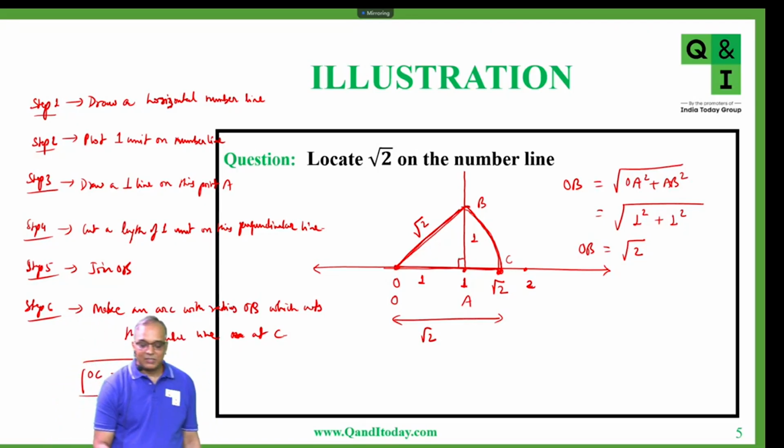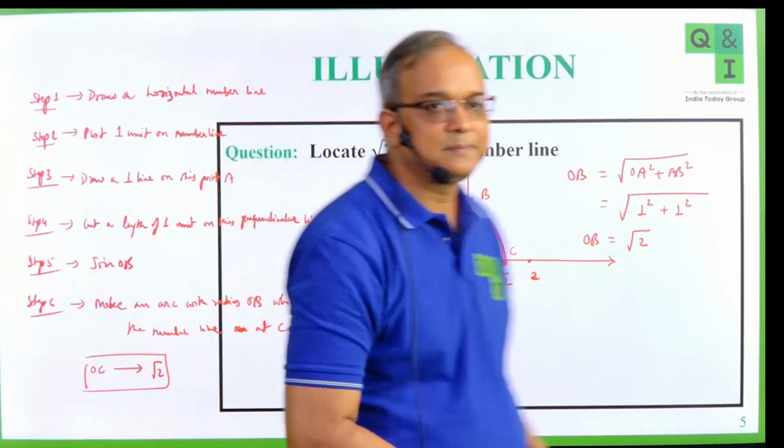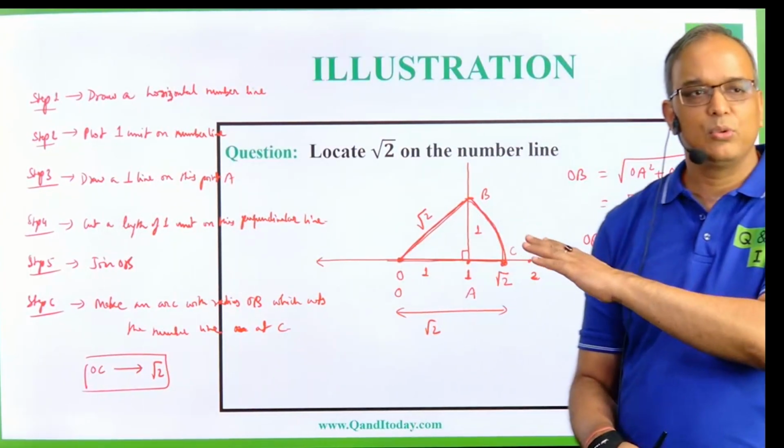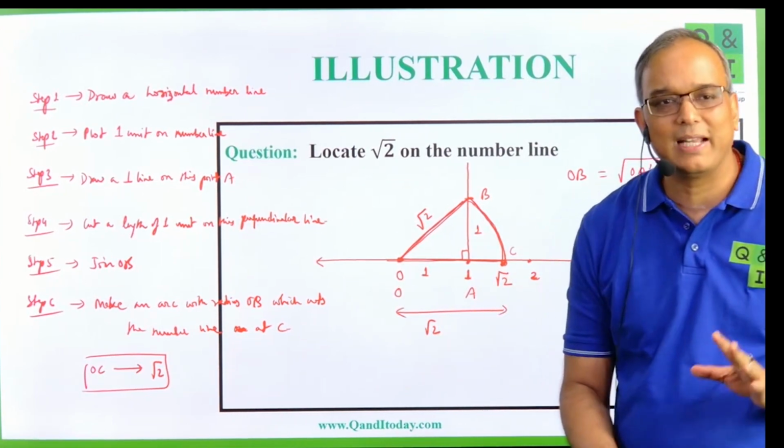Is it clear, students? Are these steps clear, students? You will be able to draw this, you will be able to plot this root 2 on the number line on your own.